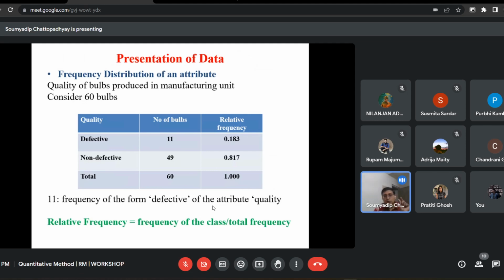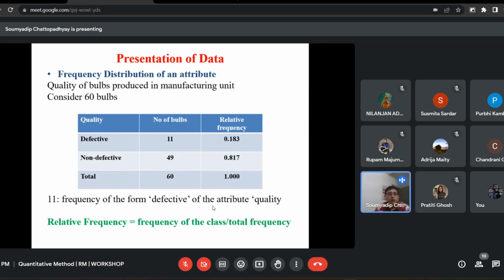So here, what are the two attributes or qualities we are looking at? One is the defective bulb and another is the non-defective bulb. And what are the numbers? That is the frequency. The frequency of defective quality is 11. The frequency of non-defective quality is 49. If you add them up, it will be 60.